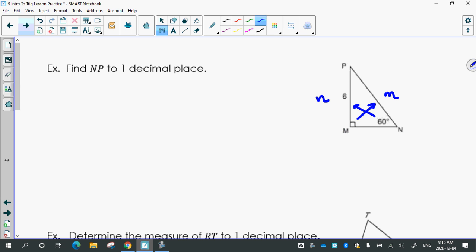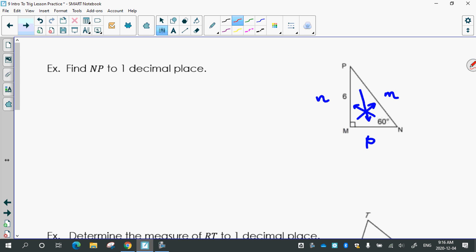And if this is angle P, the side opposite angle P, down here, is a lowercase p. Okay, so that's how you name sides in trigonometry. The angles are always capital letters, and the sides are always the little lowercase letter opposite the angle.